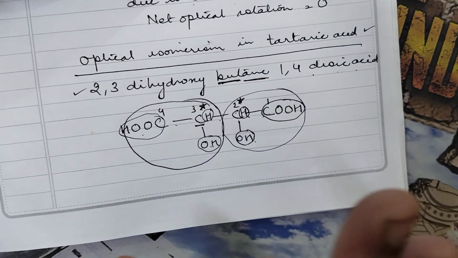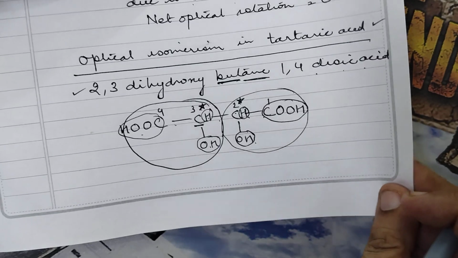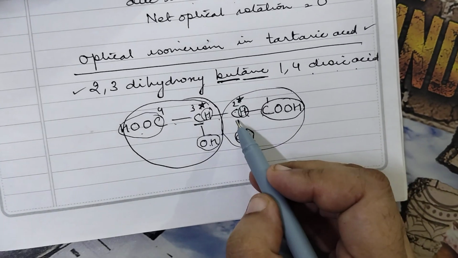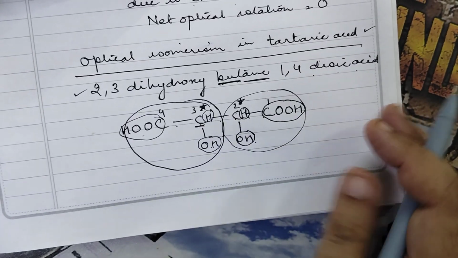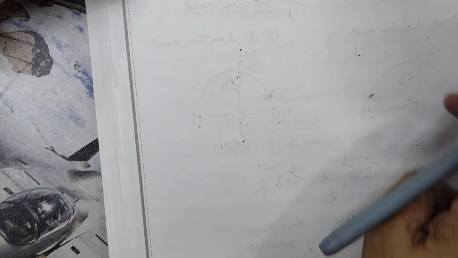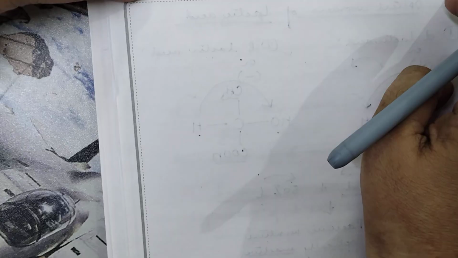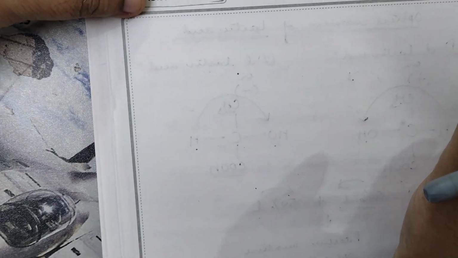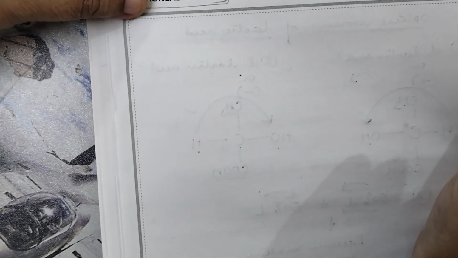That is, both the carbons here, at position number 2 and 3, are asymmetric. So when it is asymmetric or chiral, then it should show optical isomerism, but at the same time there are two chiral carbons, so we have to check the second condition also, that plane of symmetry should be absent.